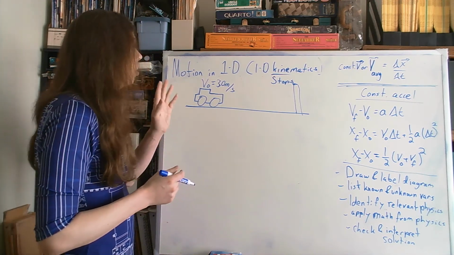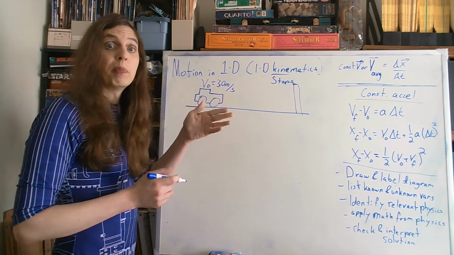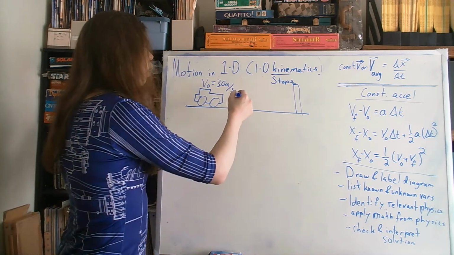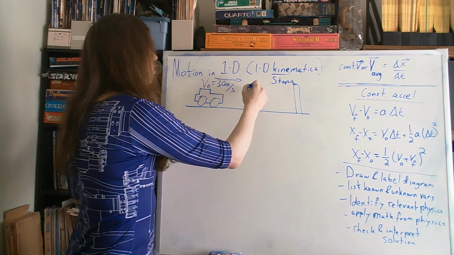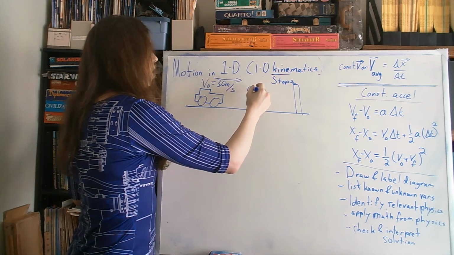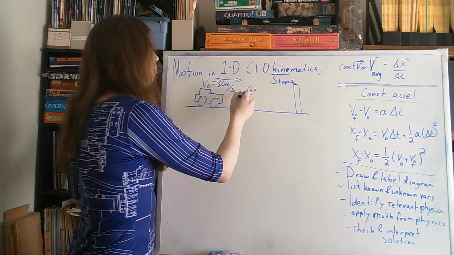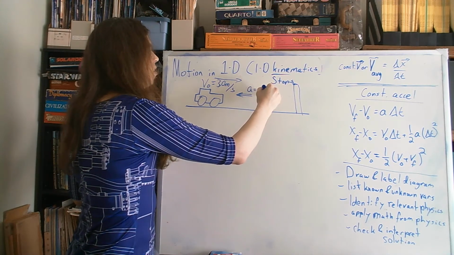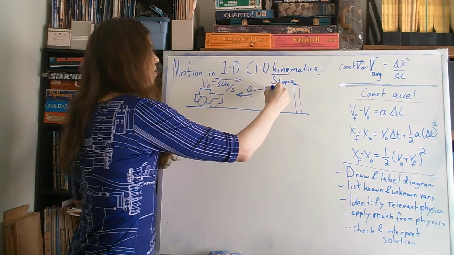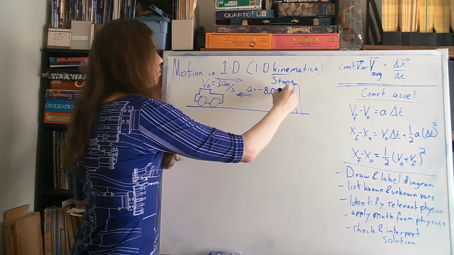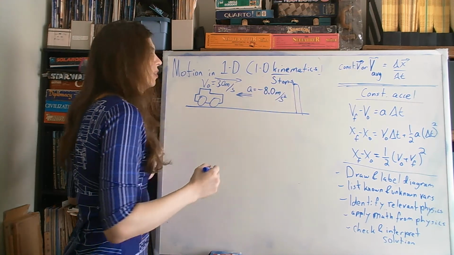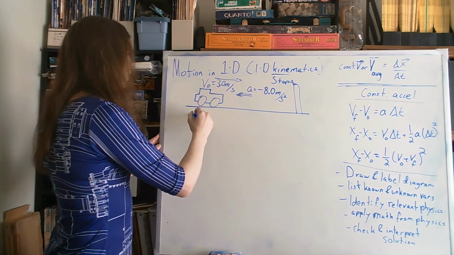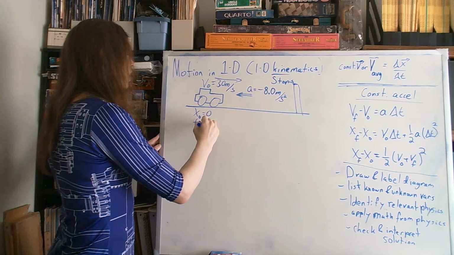So we're going along, we want to stop. And let's say that when we apply the brakes, we have an acceleration that's going in the backwards direction of -8 meters per second per second, meters per second squared. And we're starting at an original position of 0 with an original time of 0.